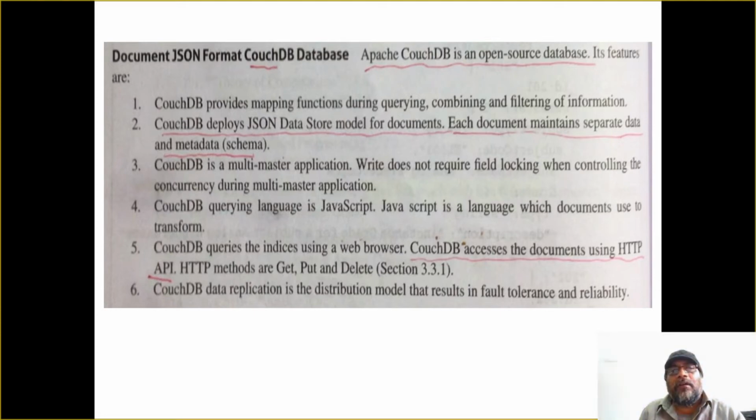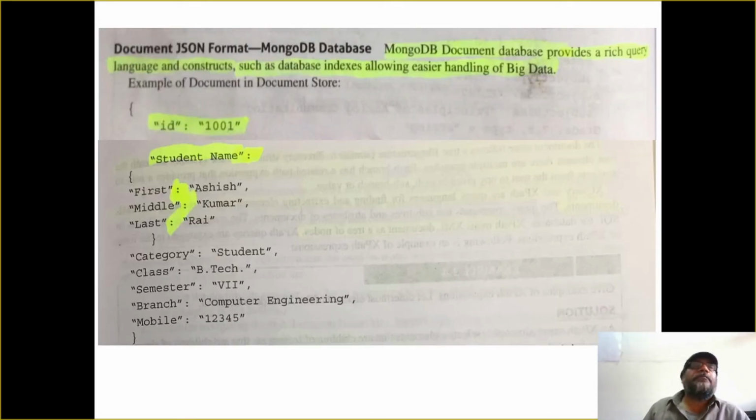CouchDB data replication is the distribution model that results in fault tolerance and reliability. So document JSON format. In MongoDB, the JSON format, the MongoDB document database provides a rich query language and constructs such as database indexes, allowing easier handling of big data.